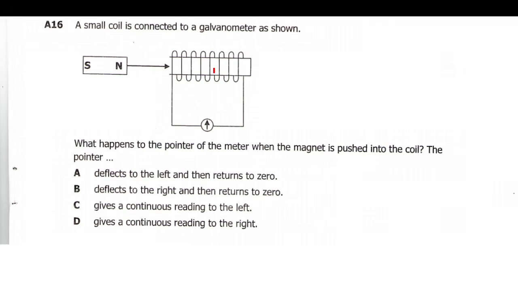When it is pushed here, current will start flowing in that direction. Why? Because according to Lenz's law, the current induced in the coil by a magnet flows in a direction to produce a magnet in itself that tries to resist the next coming magnet.